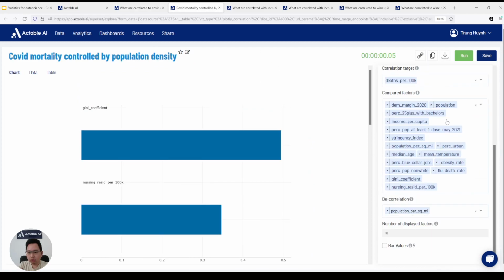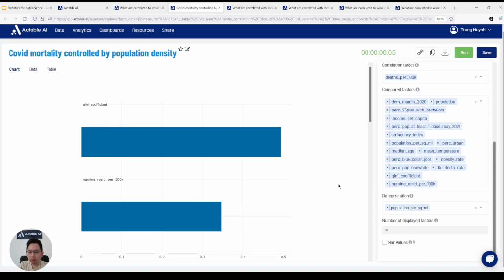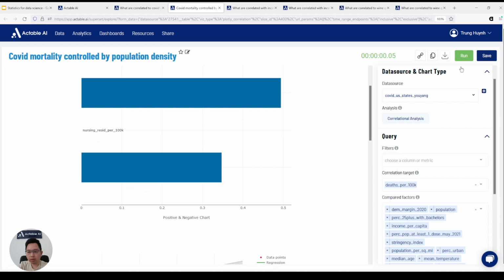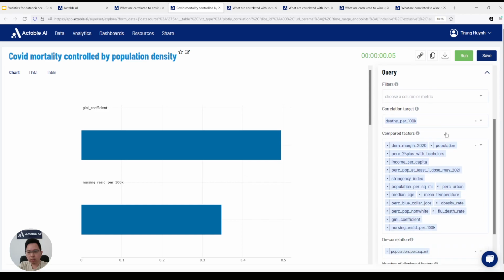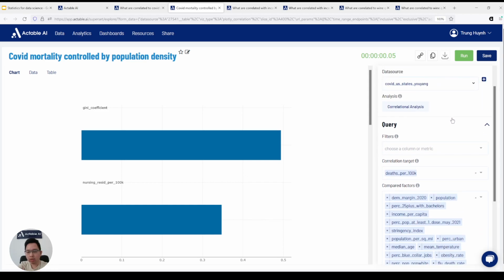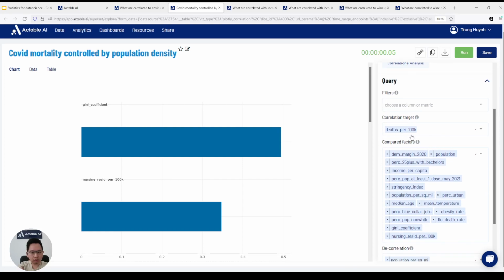One can also control for different factors. Say, for example, you have a question about what if we just look at the states that have similar population density. Then I choose population density as a decorrelation factor. Then you click run, and we resample the data so that the selected data are chosen randomly, but don't have this correlation with population density at all.